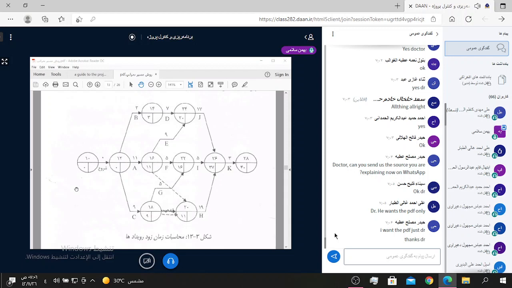First, I want to evaluate and find the ES for all nodes.